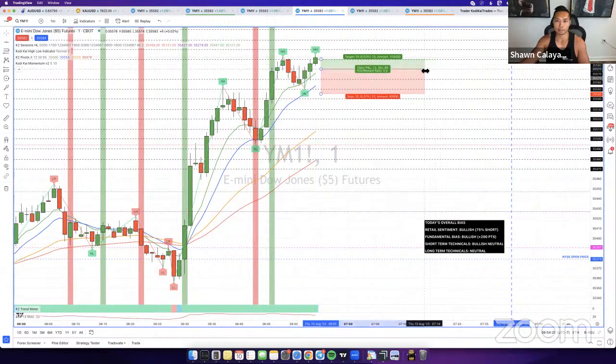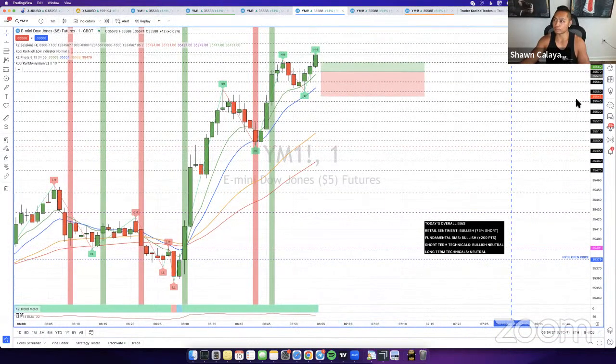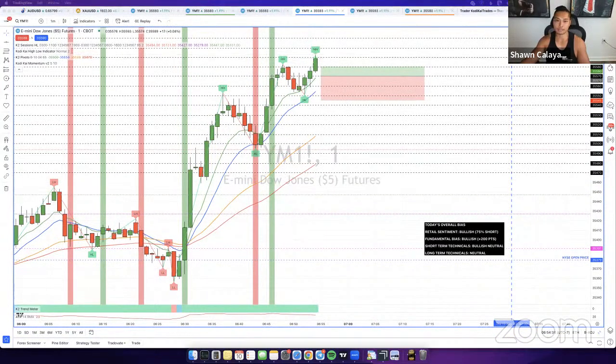But again, it's just a matter of patience, waiting for this to provide entry for us. It hasn't done that yet. Price is pushing up higher. If this is the case, that's fine. Entry will probably happen at the 80 mark instead. Okay, price is pushing up higher.